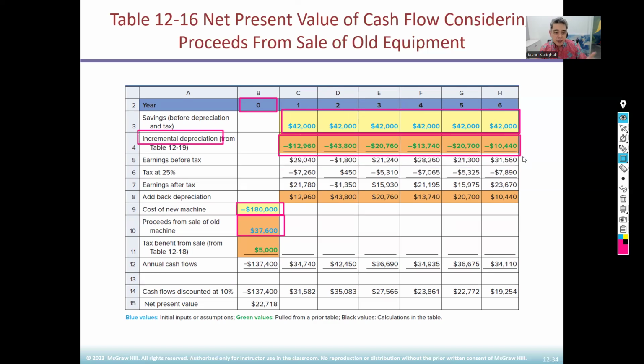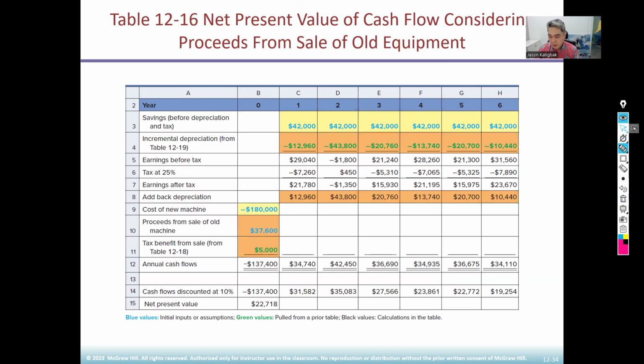I deducted the new, but I need to take out the old. So the amount is actually smaller, right? Compared to before. And then you go to the same calculation and you just add it up. But when you add back the depreciation, it should be the incremental depreciation. And then you have also a tax benefit here. I'll explain that on the next slide.